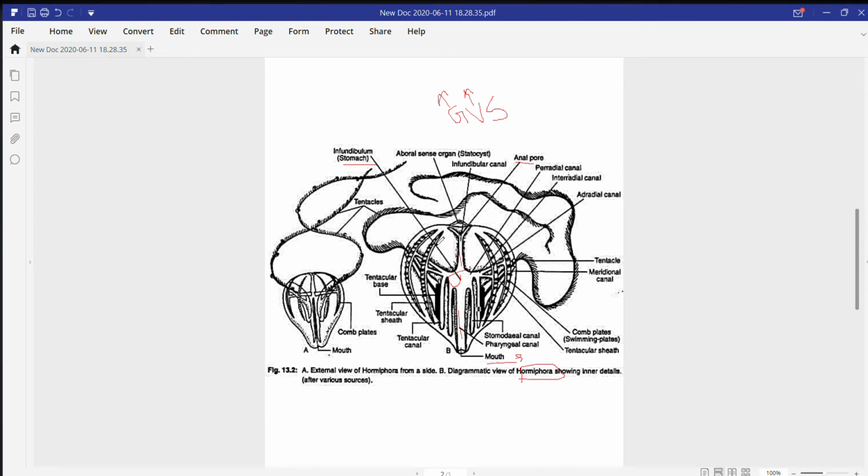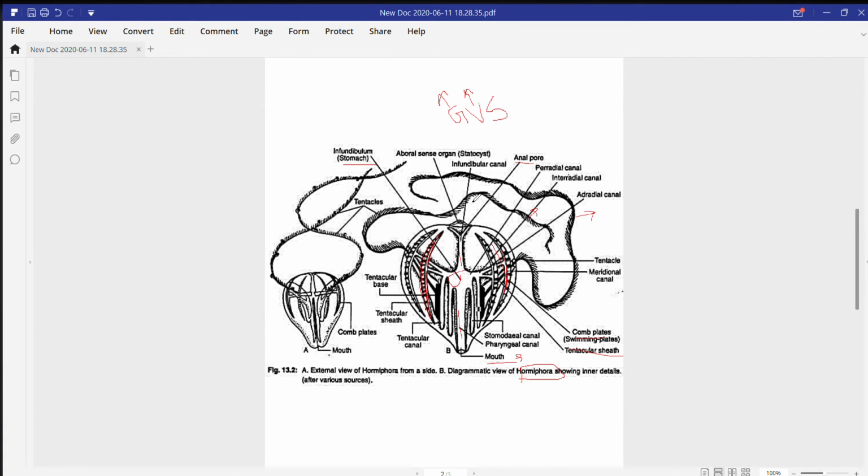These are the comb plates, formed by the fusion of cilia. We also call them swimming plates. These are the two tentacles, first and second, bearing a number of cilia.